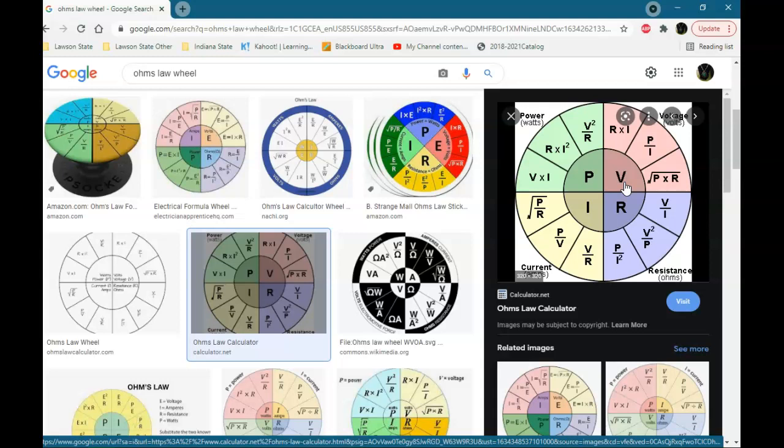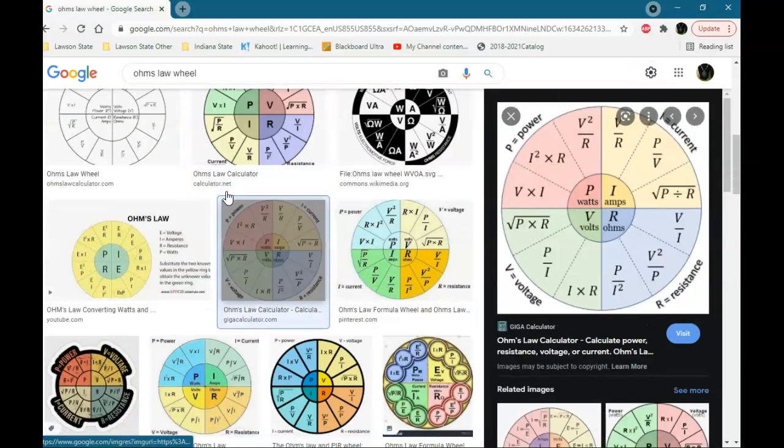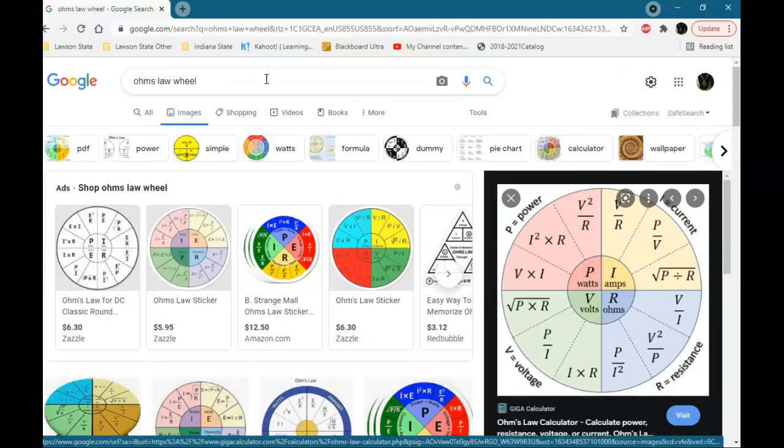Does that make sense? Okay, any questions? I just figured I'd show y'all that, just kind of get y'all used to it. This is a very common thing. Like I said, all you have to do is type in Ohm's law wheel, and it pops this up.